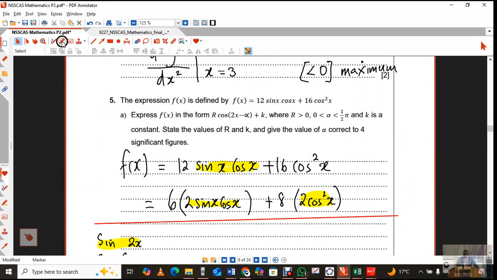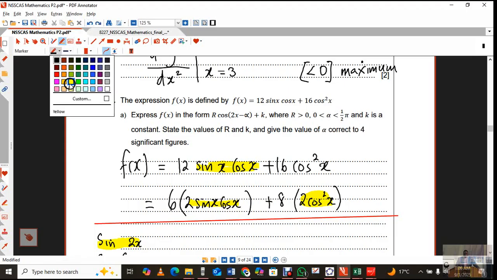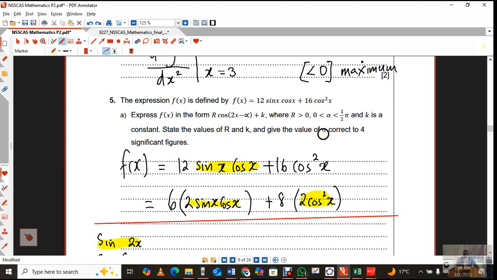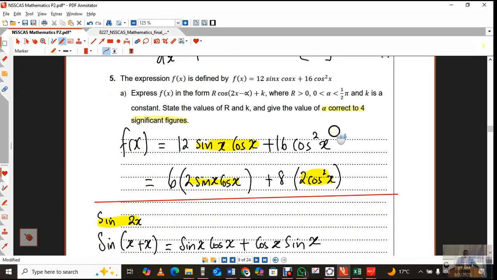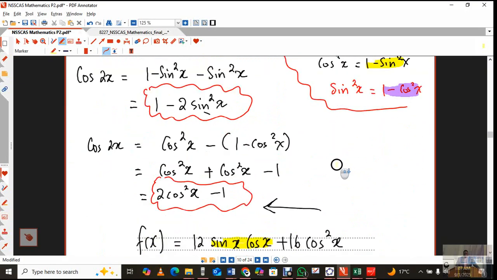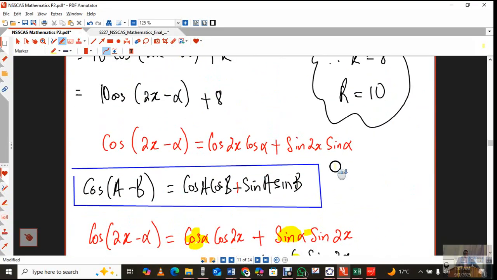They say give alpha correct to 4 significant figures. Okay, right, our alpha will be to 4 significant figures.